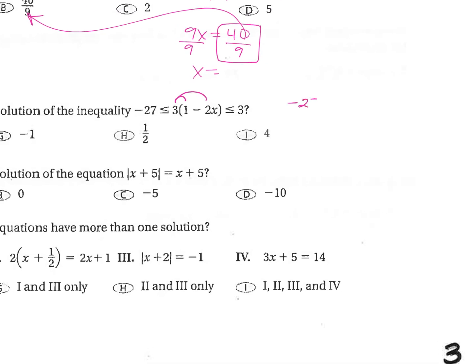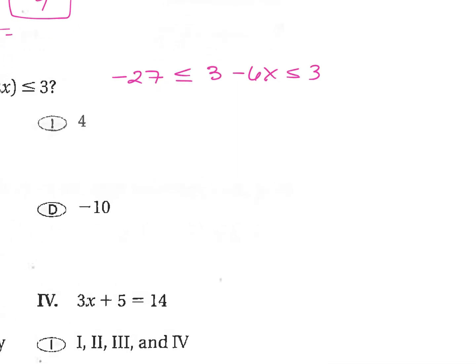So you have negative 27 is less than or equal to 3 minus 6x, which is less than or equal to 3, okay? Remember when they were compound solutions like this, you had to do it to everything. So there's take away a 3 here, but that means you have to take away a 3 here and take away a 3 here, right? There's like 3 separate things going on here.